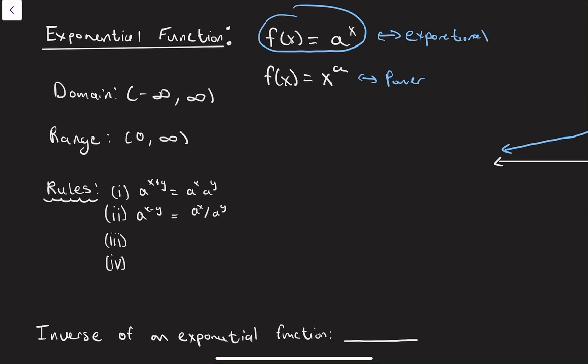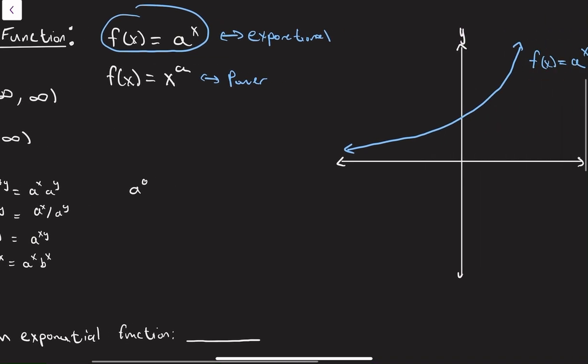Then we have (a^x)^y, which is equal to a^(xy). And last but not least, we have (ab)^x, which is equal to a^x times b^x. Great. It's really cool.